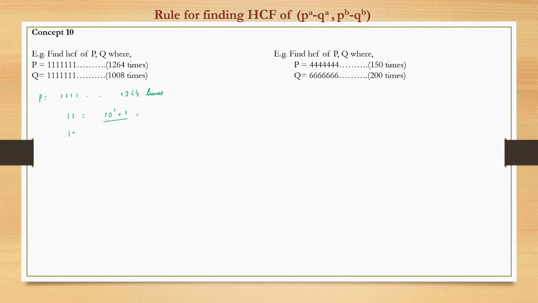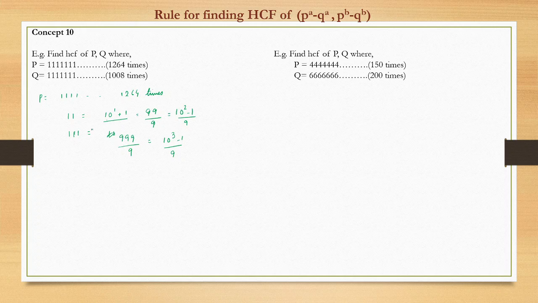Now if the number is 111, it is nothing but 999 by 9, which is 10 raised to power 3 minus 1 by 9.